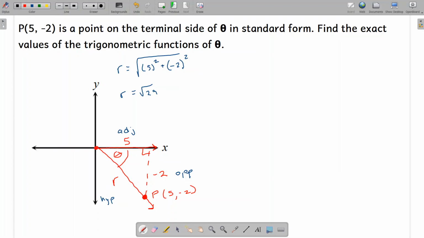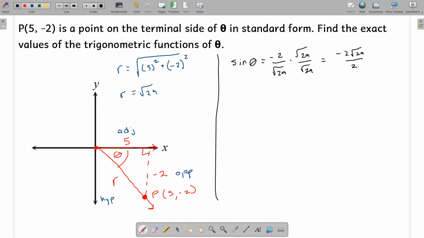So let's do our trig functions here. Okay, if I wanted to find sine of theta, we're doing opposite over hypotenuse. Well, my opposite side is -2. My hypotenuse is radical 29. I need to rationalize, though. So I get -2 radical 29 over 29.